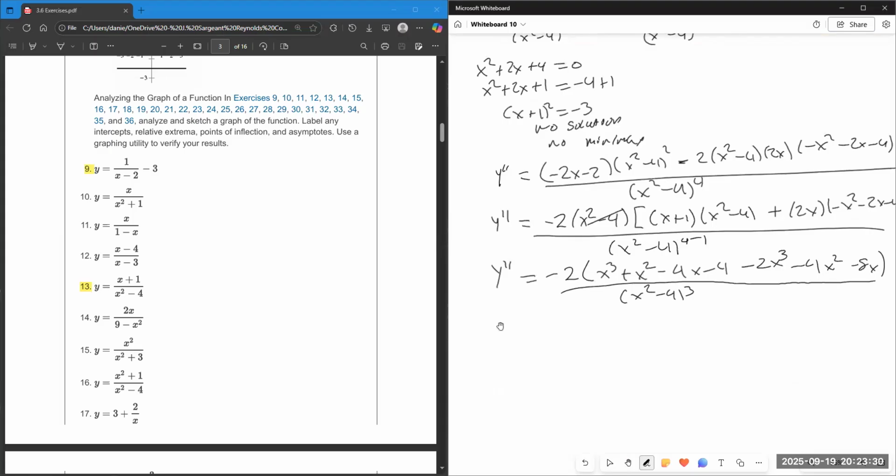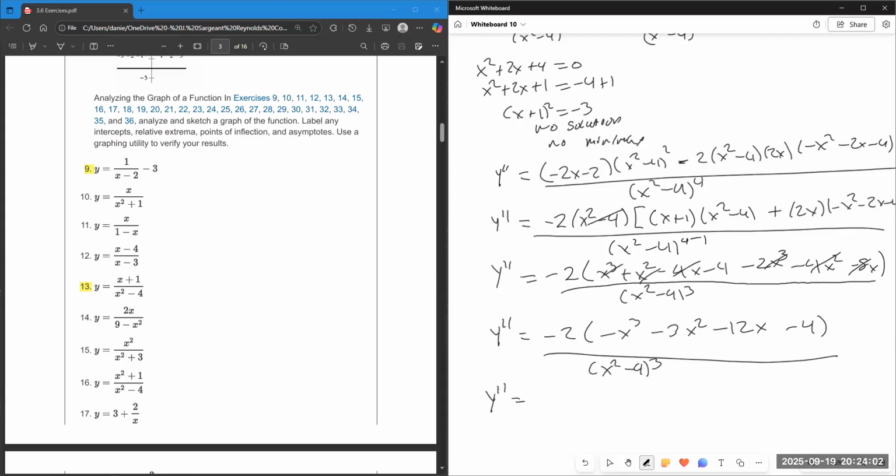And y double prime is negative 2 times negative x cubed minus 3x squared minus 12x minus 4 over x squared minus 4 to the third.